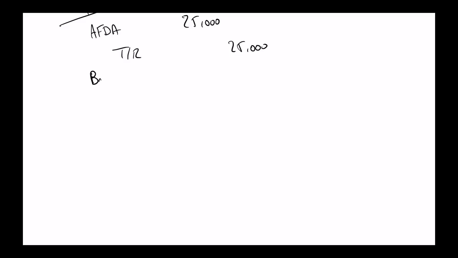So we have to debit bad debt expense, and we credit AFDA. And so we want to get to 54,860 less a negative balance of 23,500, and that will give us 78,360.